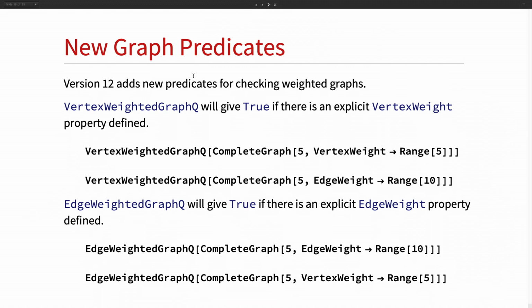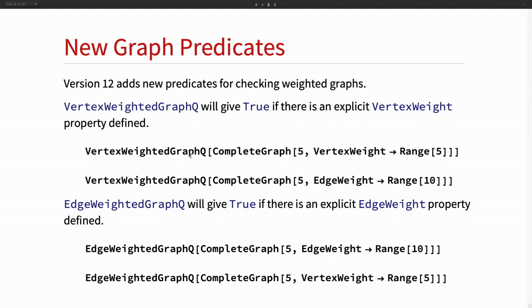And other things in the new version, we introduced some new predicates. Like VertexWeightedGraphQ and EdgeWeightedGraphQ. We used to have WeightedGraphQ, but that function returns true if the graph has either vertex weight or edge weight. Even when it returns true, you don't know which weight the graph has, vertex or edge.